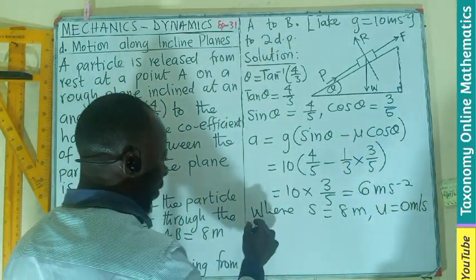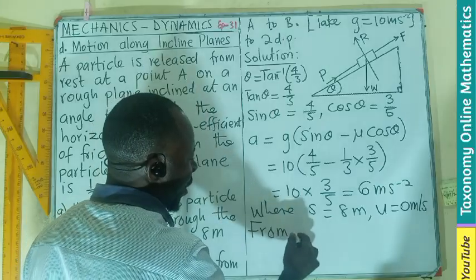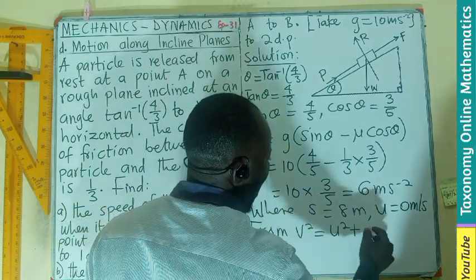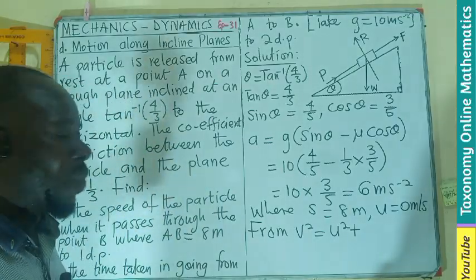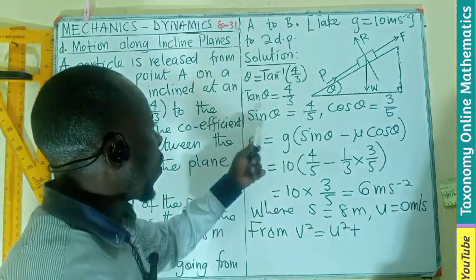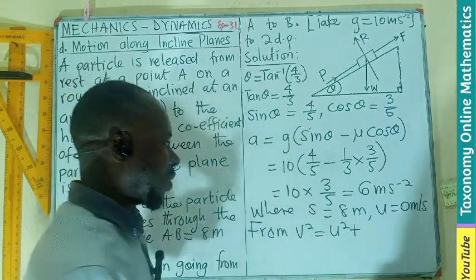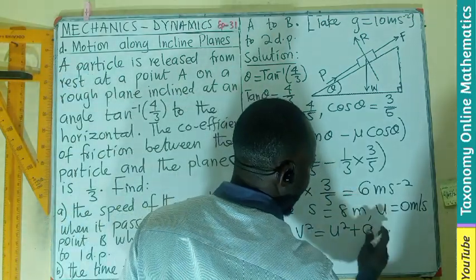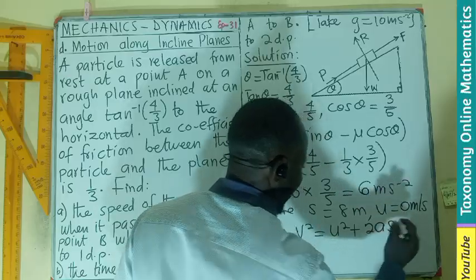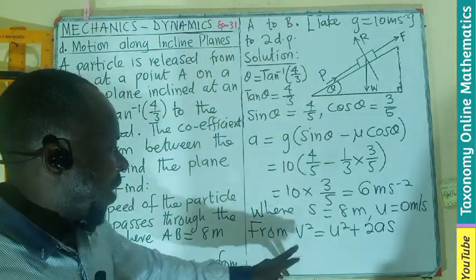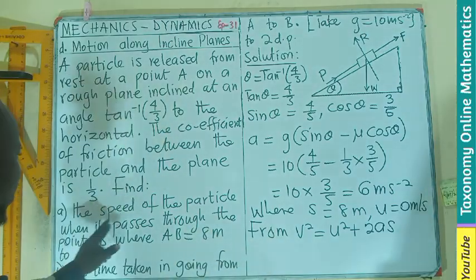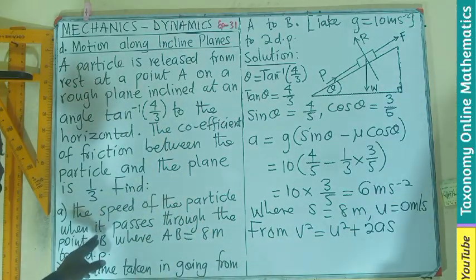What is next? Which other formulas can we use? Let's say v squared equals u squared plus 2aS. Now that I know acceleration, I'm going to use the a instead of using all these formulas. Here the final velocity is what we are looking for, right? The speed of the particle when it passes.